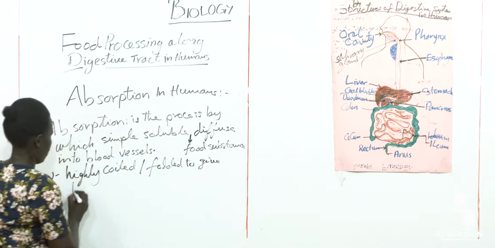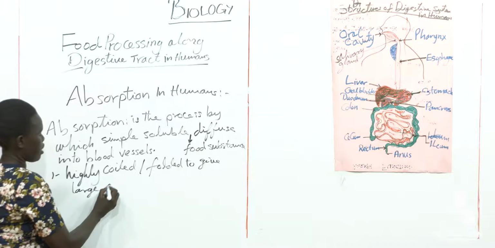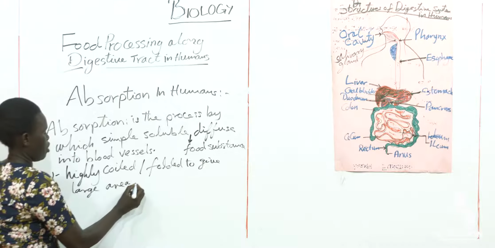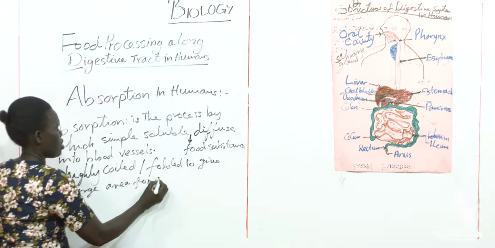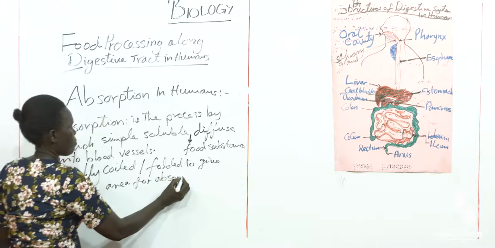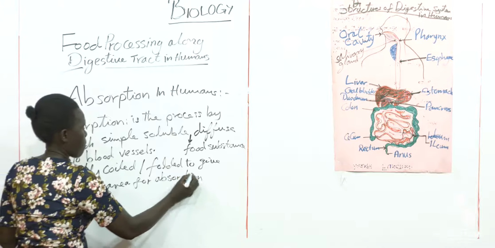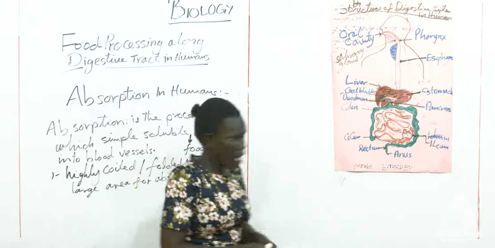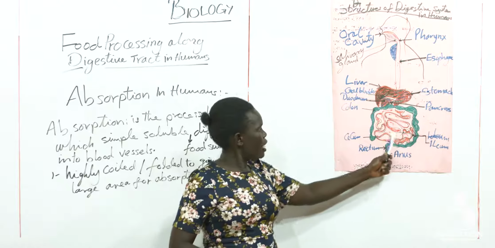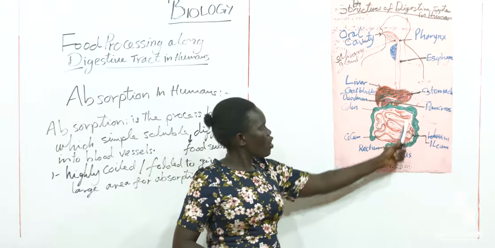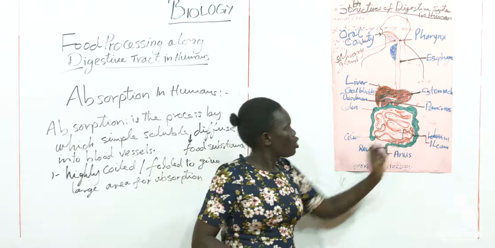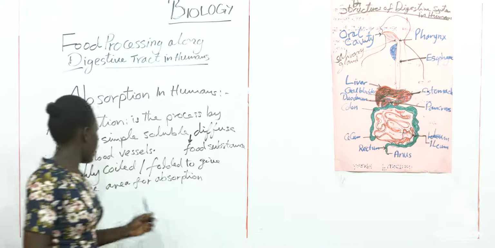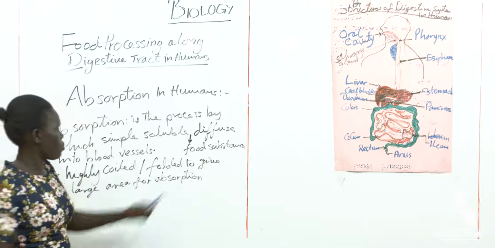Like this one here, it is highly coiled or folded to provide a large area for absorption.